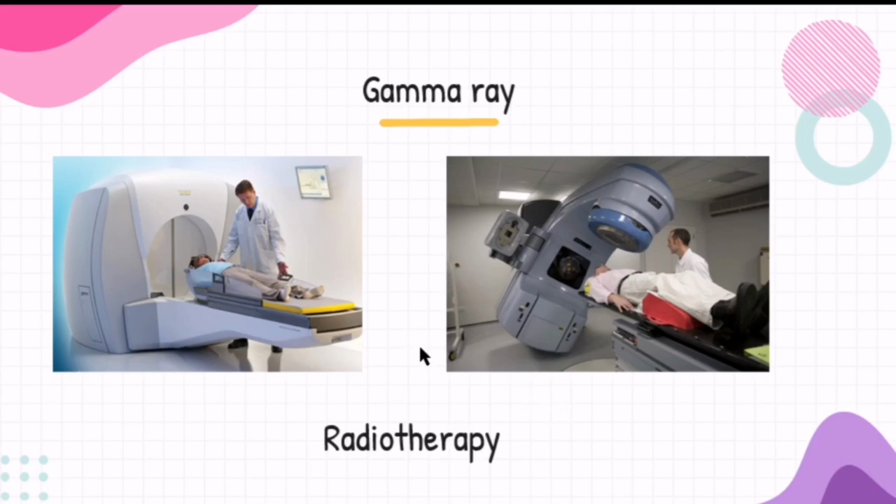Katulad ni UV ray. Ayan. So, again, those types or those applications of electromagnetic waves are some. Ibig sabihin, hindi yan lahat since the technology is also advancing.